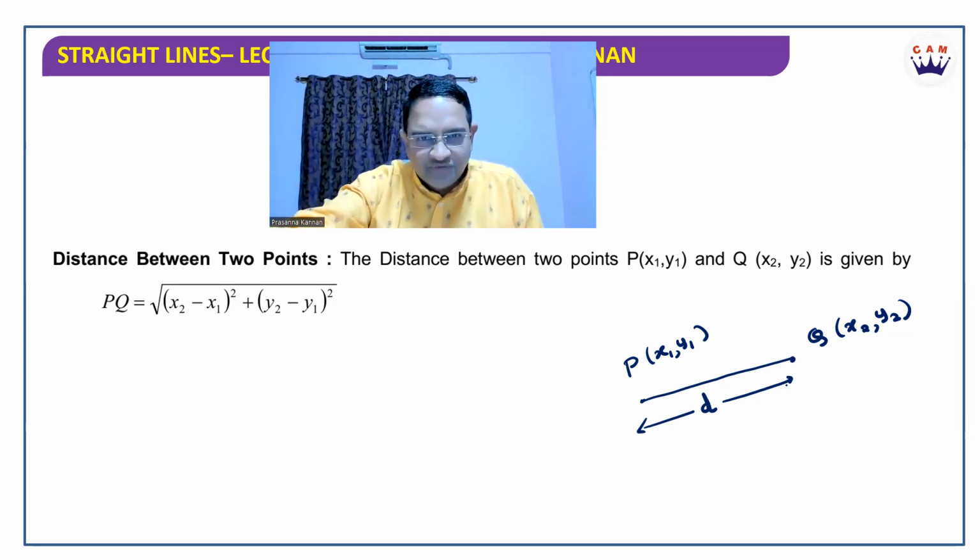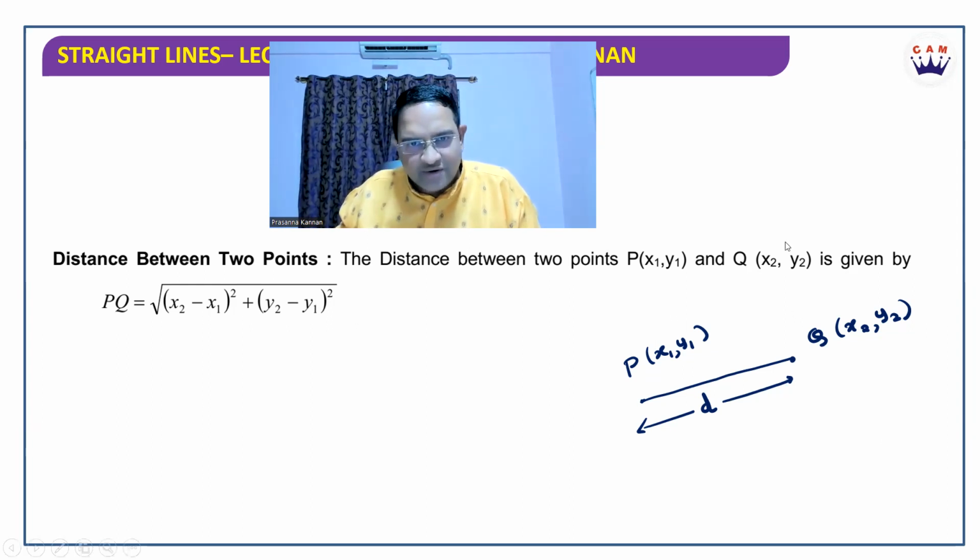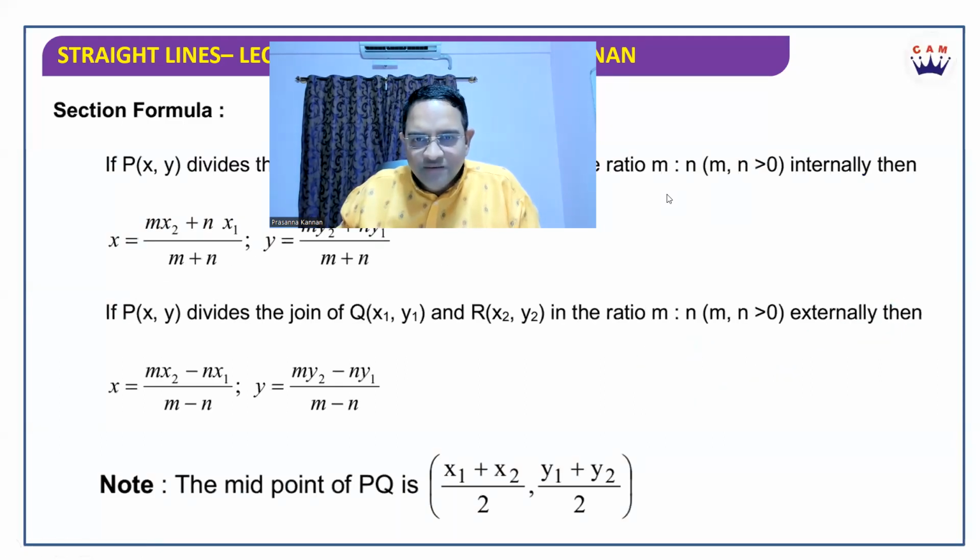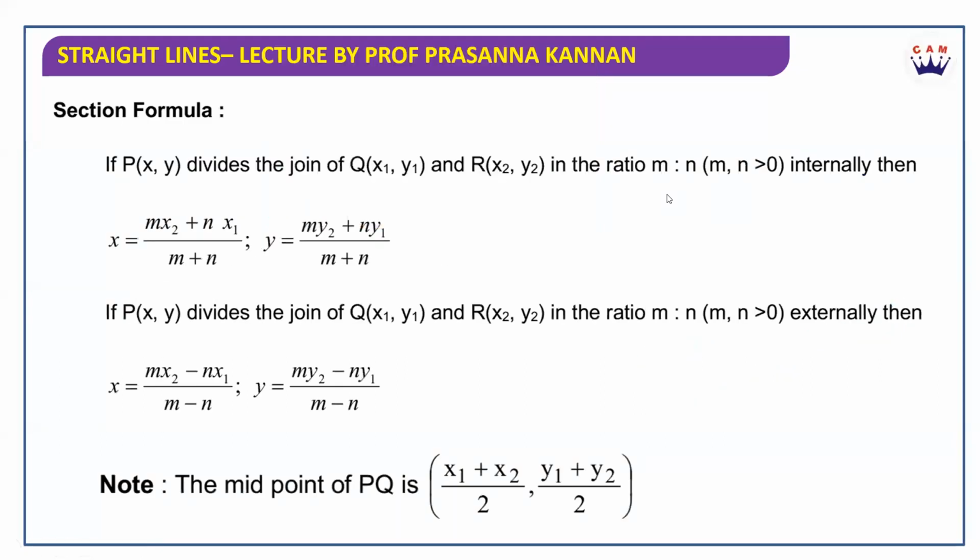So that's the first basic formula in straight lines. I'm sure you have learned it in your lower classes also. We'll move on. The next important formula is the section formula, right? What is the section formula, students?